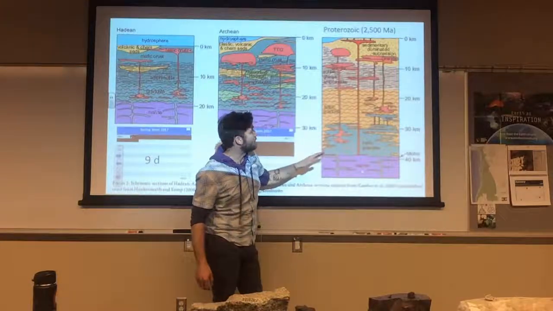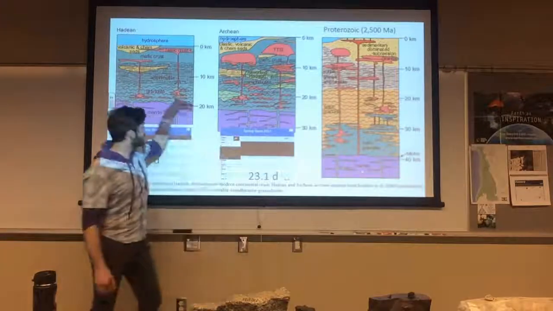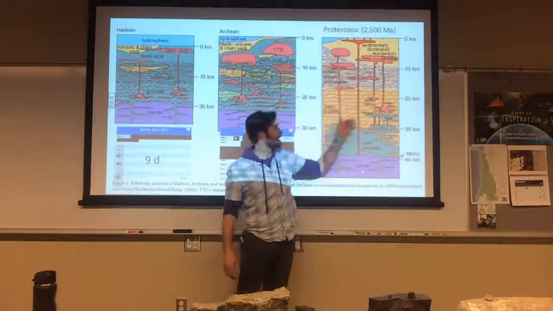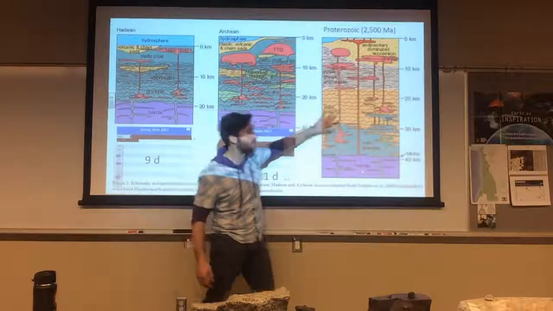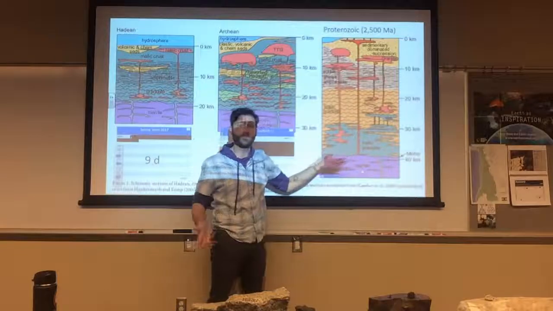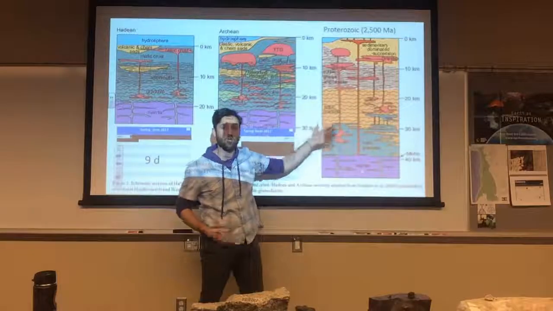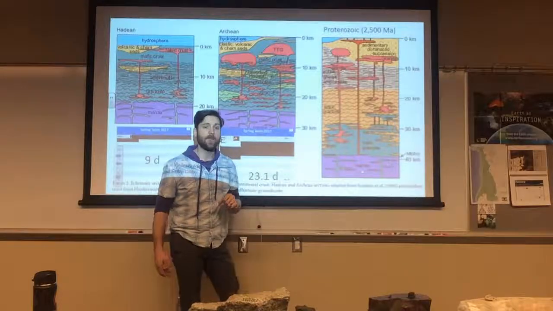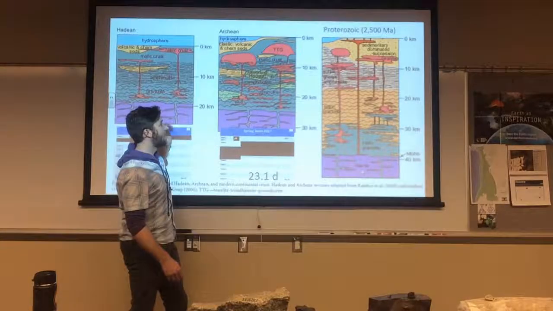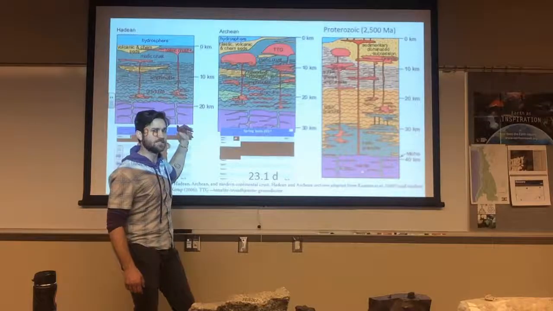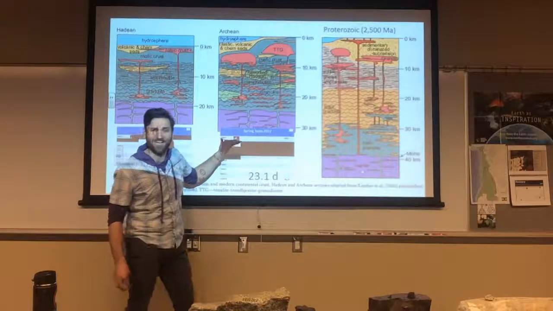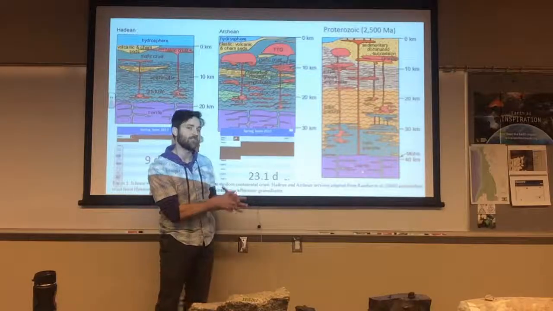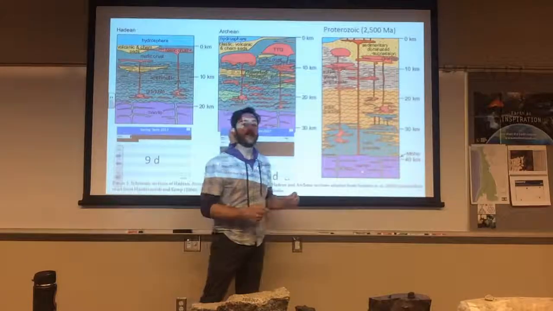The point here is not only has the crust thickened through time, these segments of oceanic crust, or even the development of continental crust, we can start to call this now because this is almost all granite. Not only has there been a thickening through time, but there has also been an increase in silicicness through time, or an increase in the felsic content of the crust of the Earth.